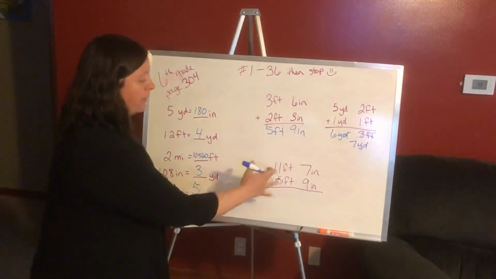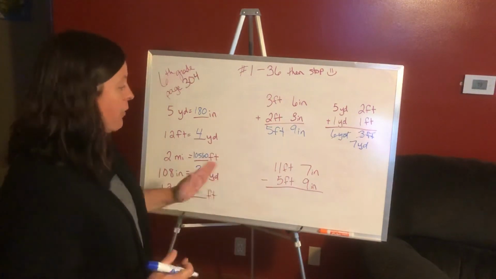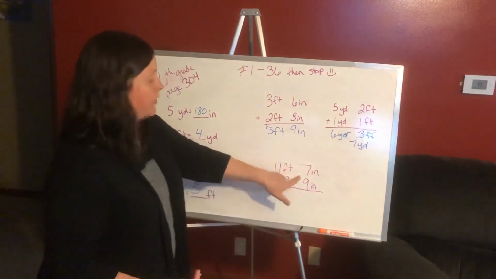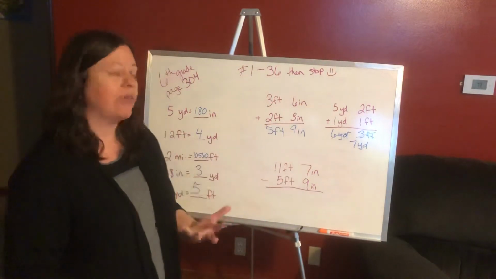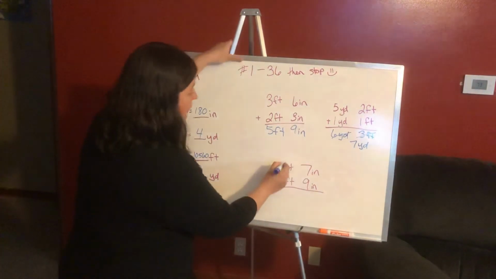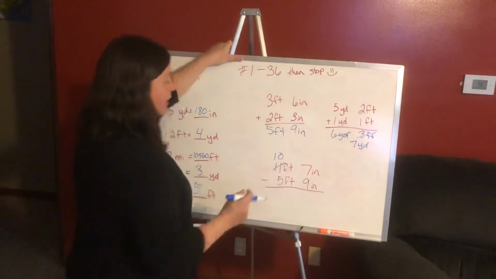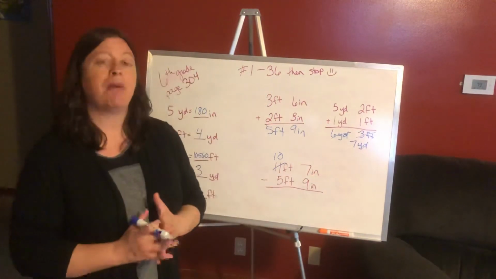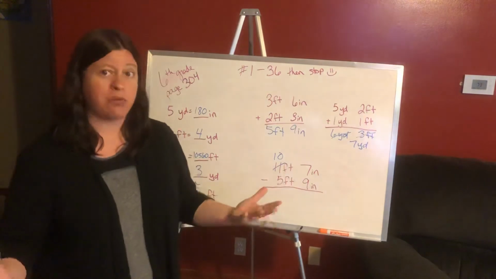The last one I wrote up here is subtraction, and I wrote this one because it has borrowing. You have 7 inches minus 9 inches. You cannot do that, so I need to borrow from my feet. I'm going to change my feet to 10. When I borrowed 1 foot, how many inches did I borrow? How many inches are in a foot? 12.